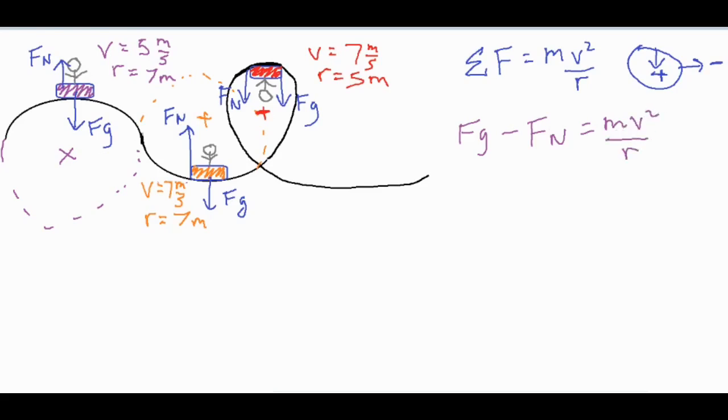Now what you can do is you can go ahead and plug in all of those values, and then we can go ahead and find the normal force, and that normal force is going to be the person's apparent weight at that particular position too. So let's go ahead and plug in our values and see what we get.